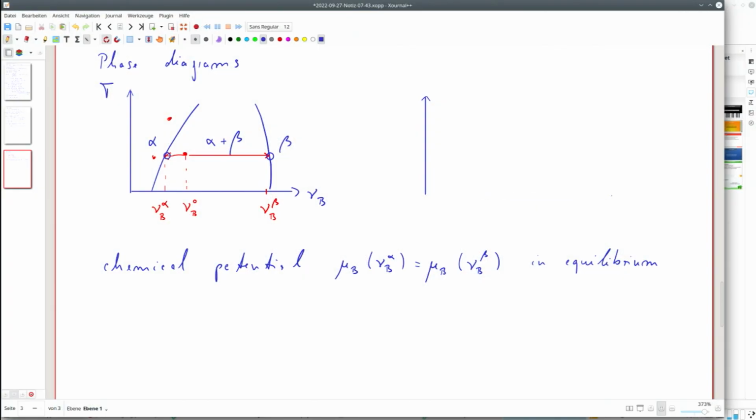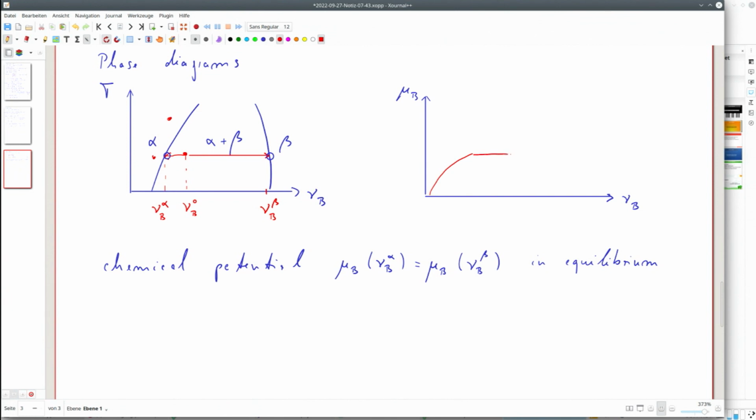So in other words, this means that in the whole two-phase region, the chemical potential is constant. So somewhere out here, perhaps have something like this.